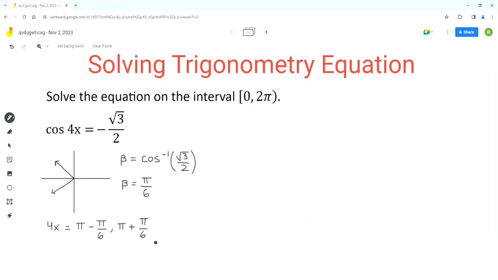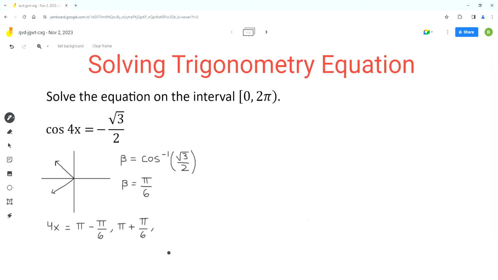Another important thing to keep in mind is that the given equation has this quadruple angle 4x. So in order to find all possible values for x in this interval 0 to 2 pi, we'll have to go around the circle 4 times. Currently we have only gone around the circle once in quadrants 2 and 3. Now we'll go around the circle a second time to find the next two angle values for 4x.